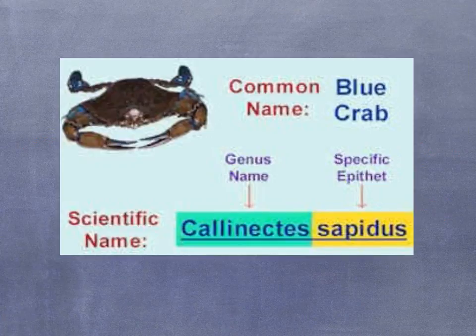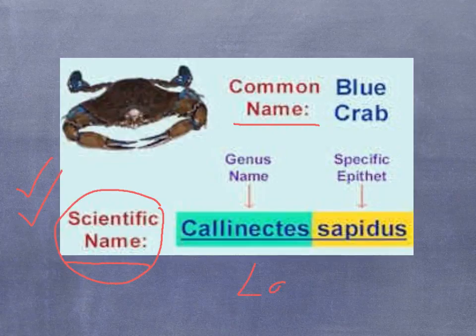Now, we need to make a comparison between common names and scientific names. Remember, the scientific name is the good one, the one that we will use in the scientific community, and it is worldwide accepted. It never changes because it's written in Latin, and it has these rules. The first letter must always be capital, the rest lowercase.